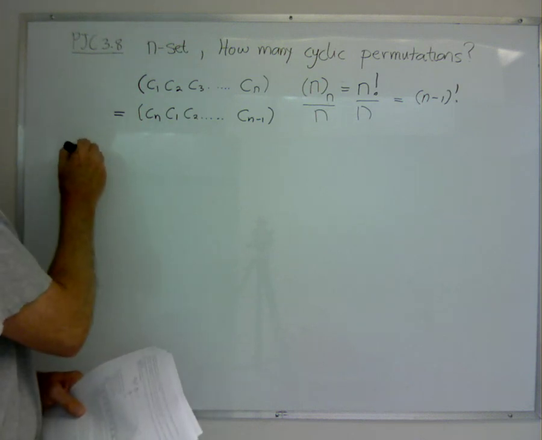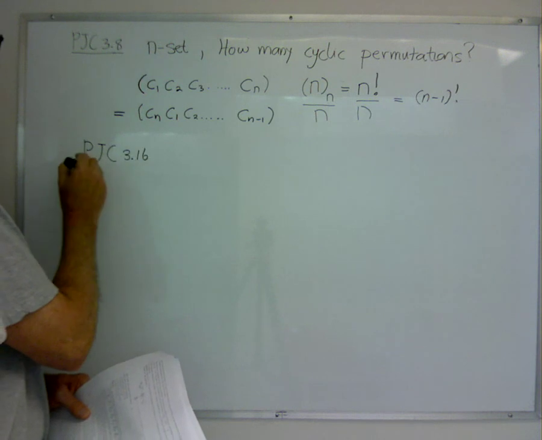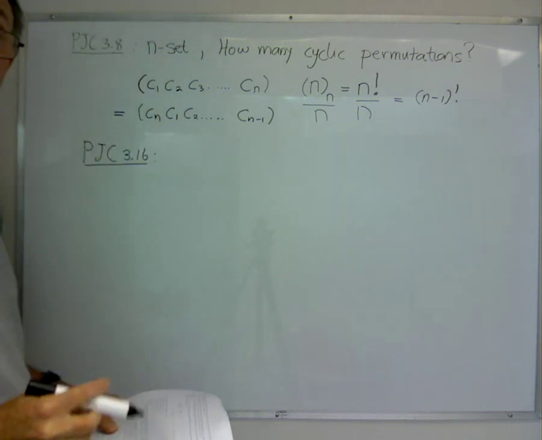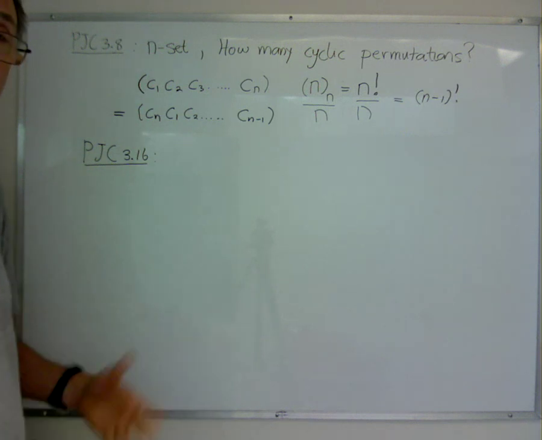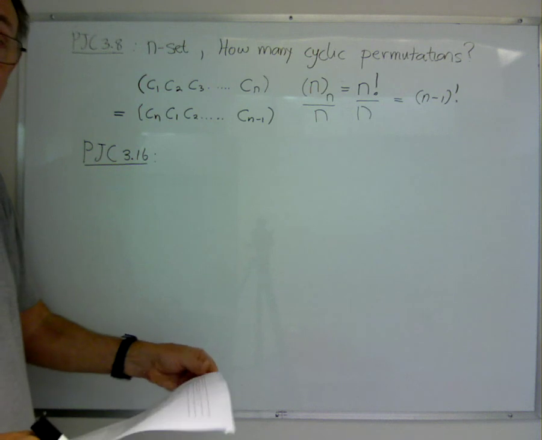So PJ Cameron 3.16. Incidentally, the ones I don't do explicitly in this, I'll give you the solutions as time goes on, so I'll post them on the e-class page.